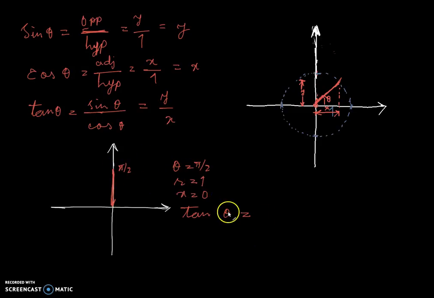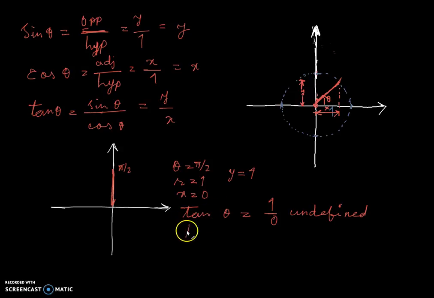So now tan theta, in this case y is equal to 1 as well, so tan theta would be 1 divided by x. In this case x is 0, and 1 divided by 0 is not possible, it's undefined. So it's not possible to calculate tan pi by 2.